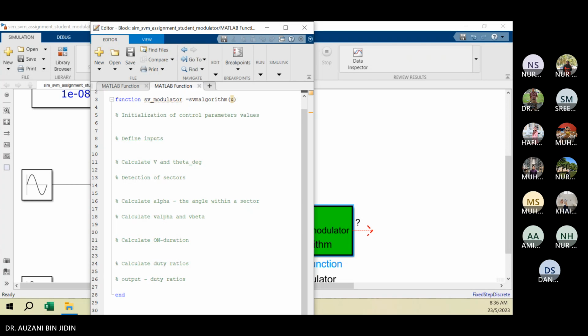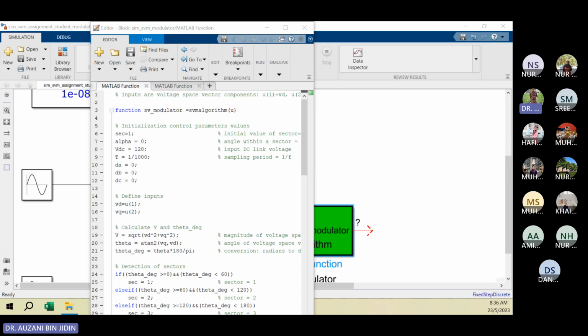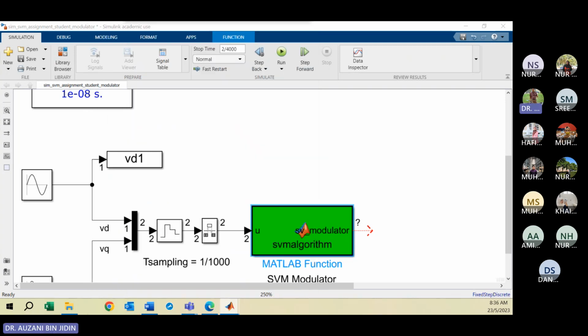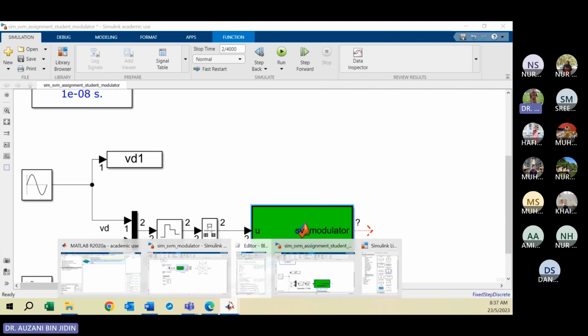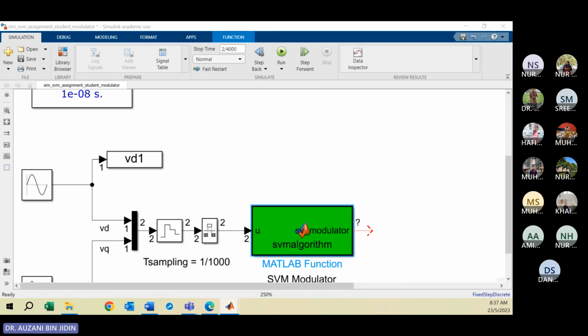Jangan nampak ni. Let me open this file first. Ini answer, sorry. Mana bawa keluar ni? Kita keluar jawapan lah. Where is the... Okay. Macam mana nak keluar ni? Sorry. I need to open to new window. Macam mana buat new window ni?